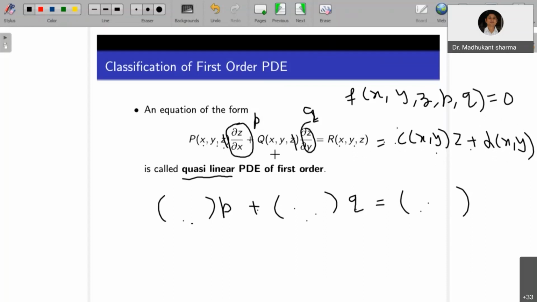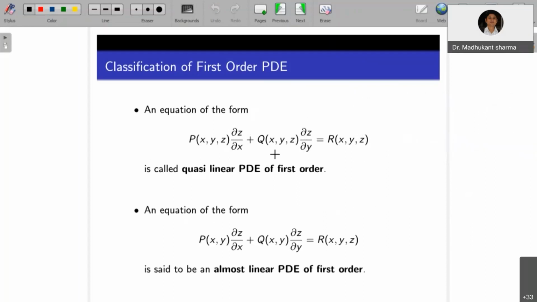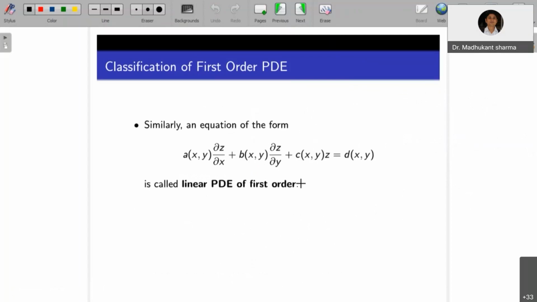So an equation of the following form is said to be an almost linear PDE of first order, where the right hand side is allowed to be non-linear in z. If you don't allow that, meaning the right hand side is linear in z, then you'll say this is called a linear PDE of first order.